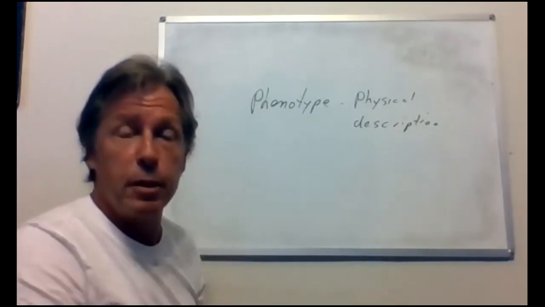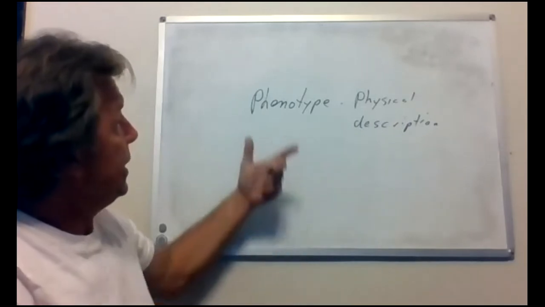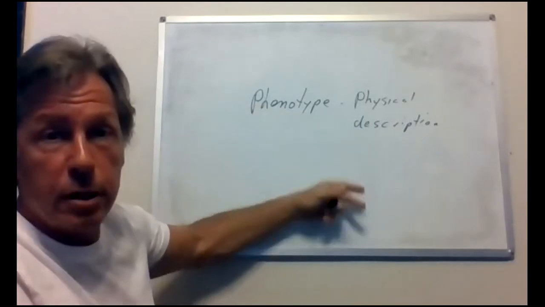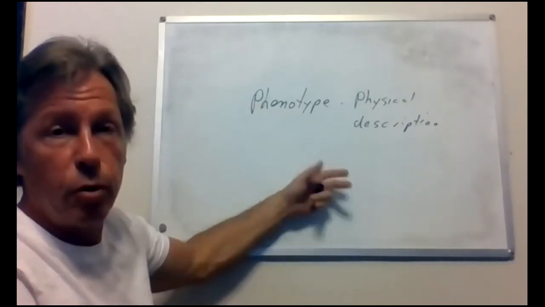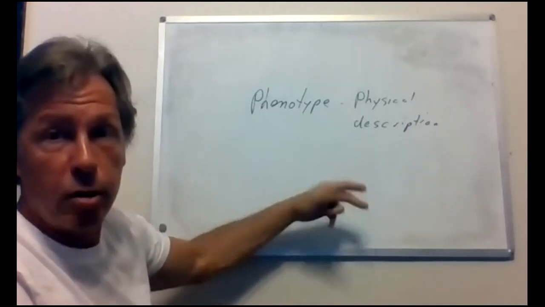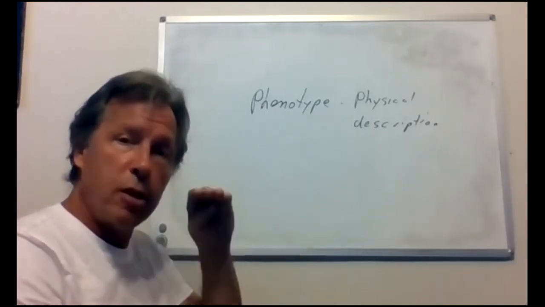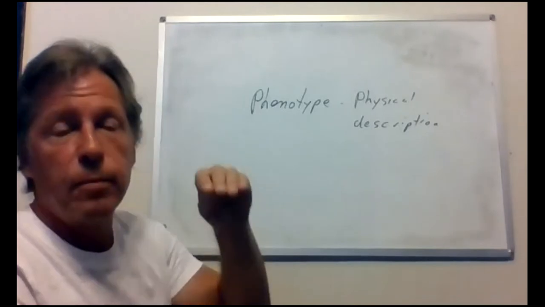A physical description, right? So is it tall or is it short? Are the flowers purple or white? Are the peas yellow or green? And this is based just on what you see when you look at the plant.